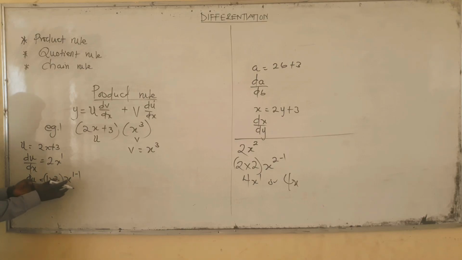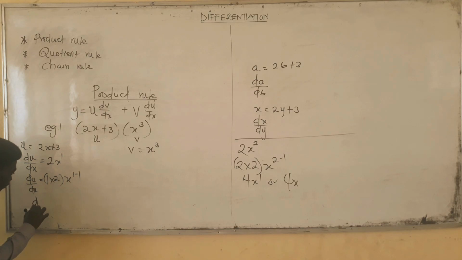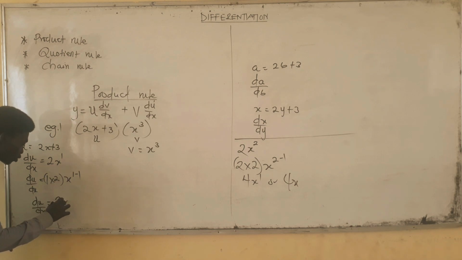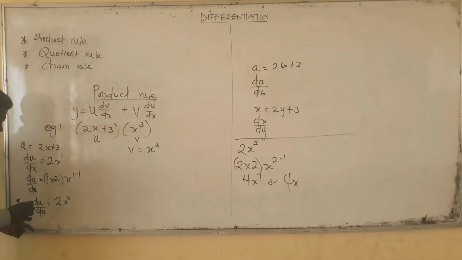So we have the 1 multiplied by the coefficient of x, and then we subtracted 1 from the exponent. And you are getting du dx is going to be 2 multiplying 1 is 2, and x raised to the power 1 minus 1, you are getting x raised to the power 0, right?